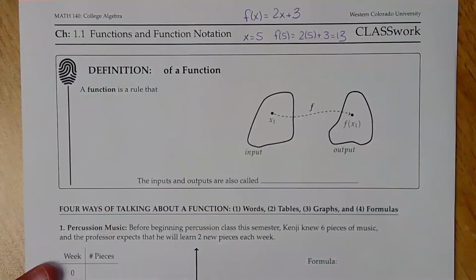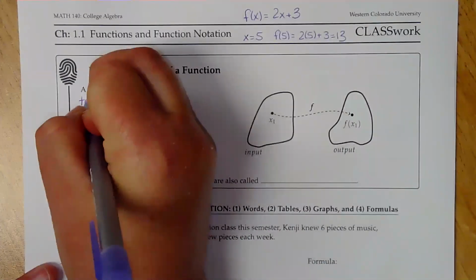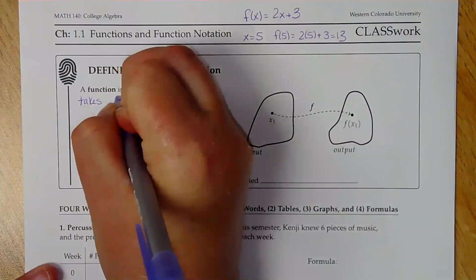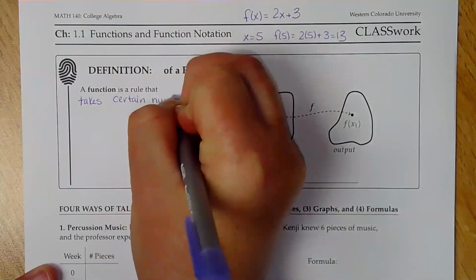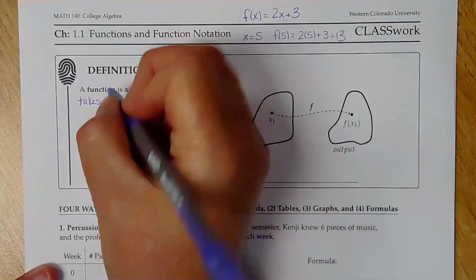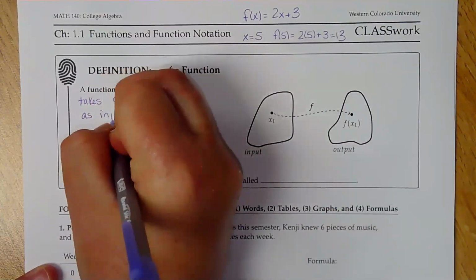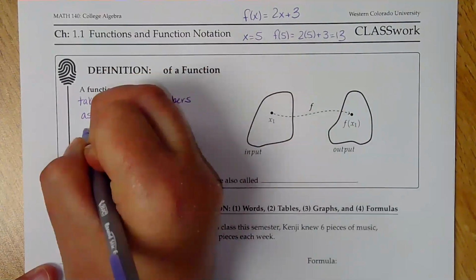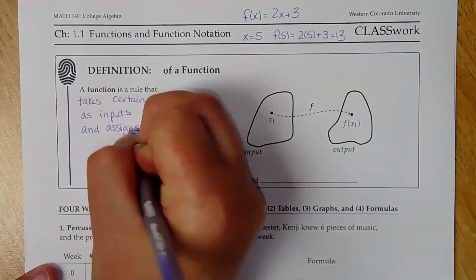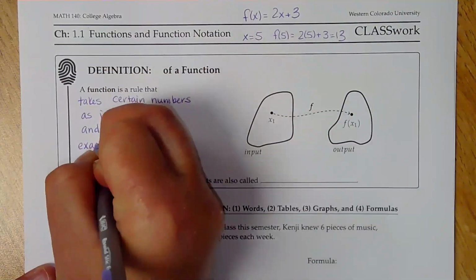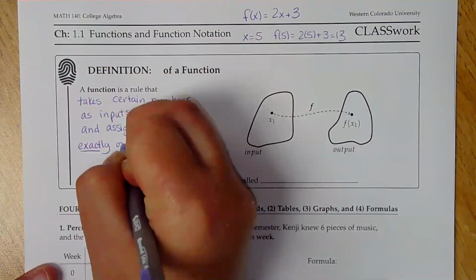So a function is a rule that takes certain numbers, and these certain numbers are going to be our inputs. So it takes certain numbers as inputs and assigns exactly one output number.